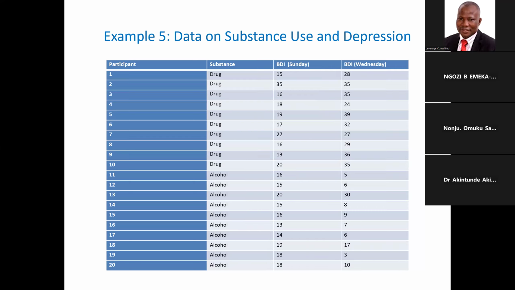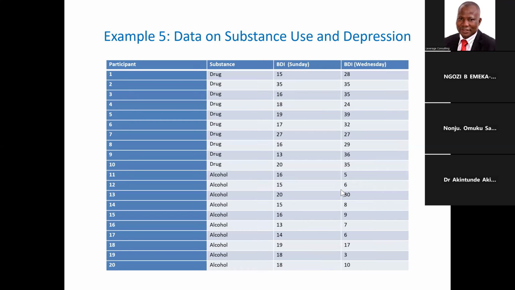So the way the data set is arranged is very useful for both independent and dependent analysis; you can treat it as independent groups or as dependent groups. For example, if you want independent groups, participants 1 to 10 are a group, and 11 to 20 is another group.